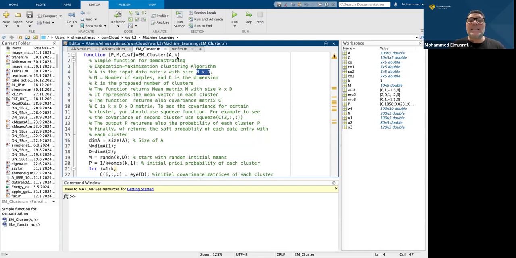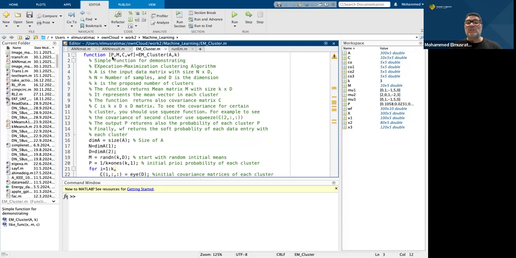And k is the required number of clusters. So you guess how many clusters are in this data, and you want to cluster them into k different clusters. You can see here the function will return to you P, M, C, W, F. P is the probability of each cluster, so it is a priori probability.